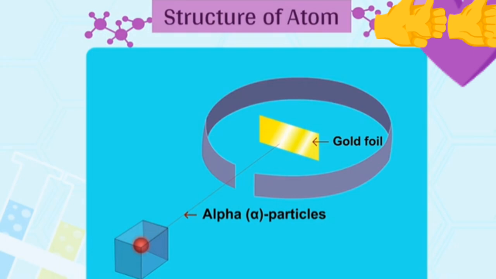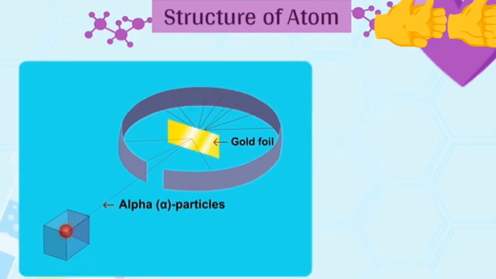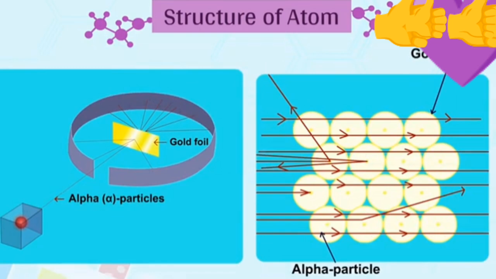1. Most of the fast-moving alpha particles passed straight through the gold foil. 2. Some of the alpha particles were deflected by the foil by small angles. 3. Surprisingly, 1 out of every 12,000 particles appeared to rebound.